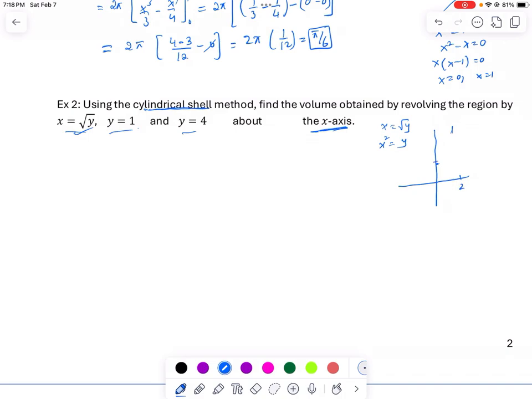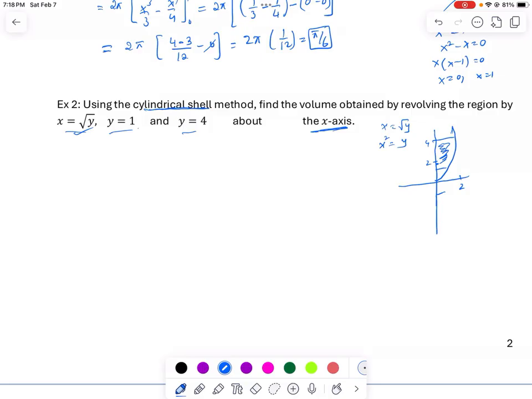Something like that, but then we have cut it, so only this portion is our region, and then we are revolving it about the x-axis.